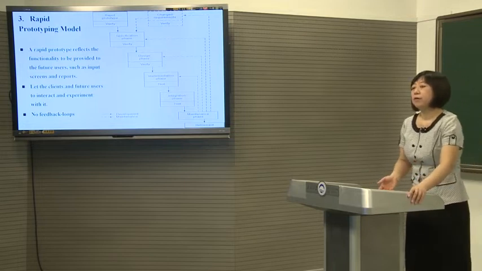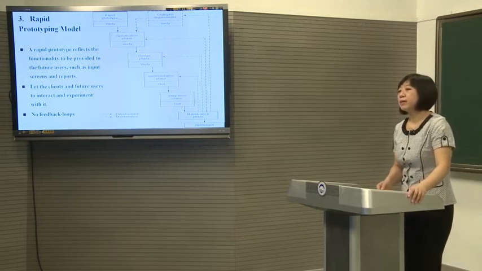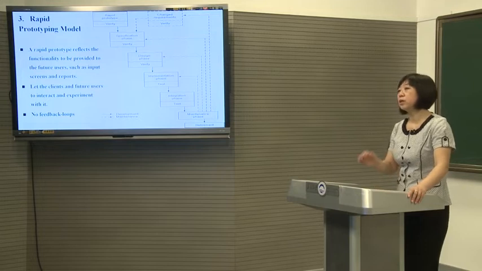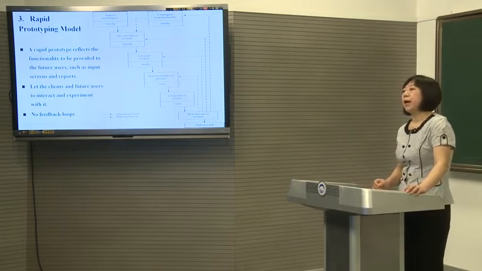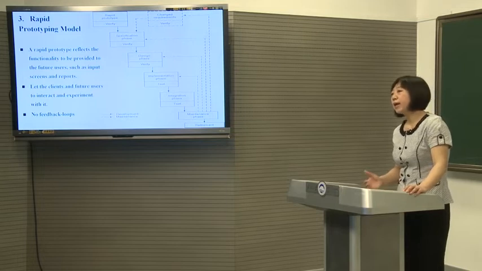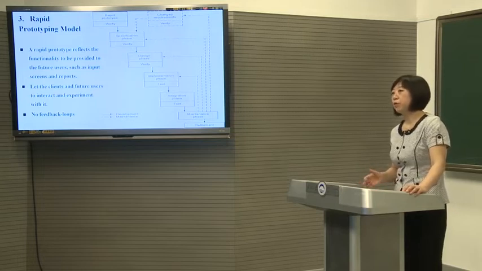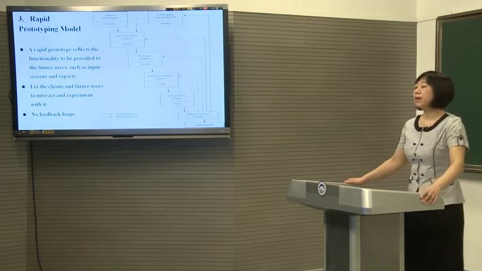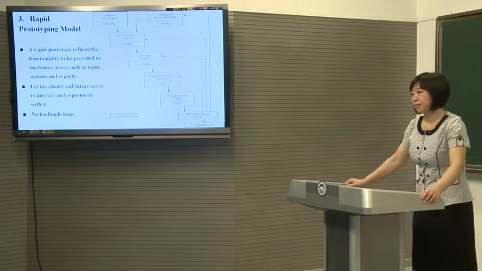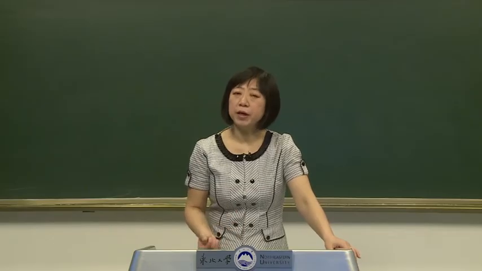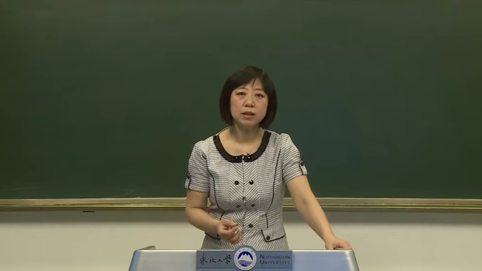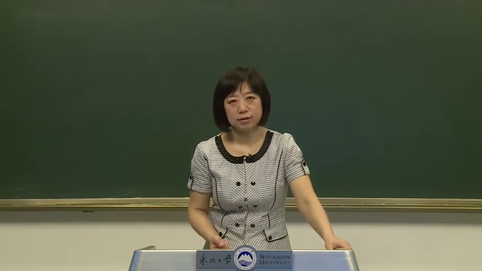And then the developers will let the client and the future users interact and experience it. In this way, it is very likely that the developers will determine the clients' and the users' real needs. So the requirements will be clear, complete and correct.